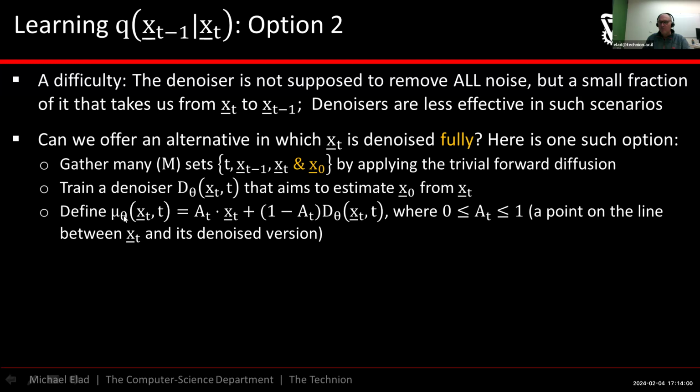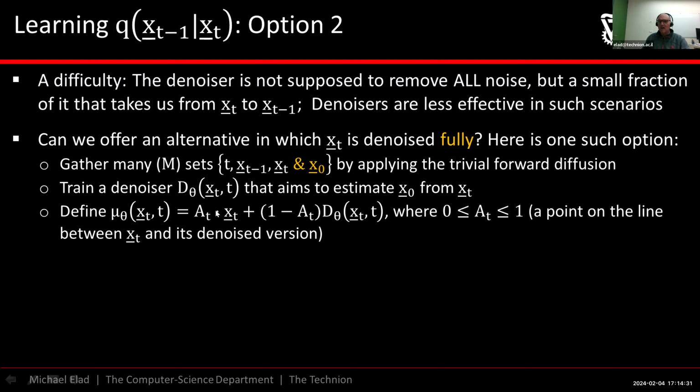Mu, the mean of xt minus 1 given xt, will be a linear combination of the noisy image xt and the denoised image x0 hat, the output of the denoiser. Why am I doing this convex mixture? Because once I have cleaned the entire image, I want to go back and return much of the noise, but not all of it. So this A is supposed to be nearly 1, slightly smaller than 1, in order to come back to xt minus 1.